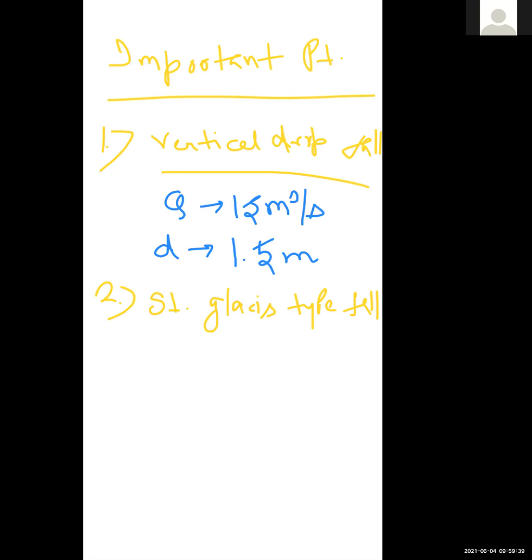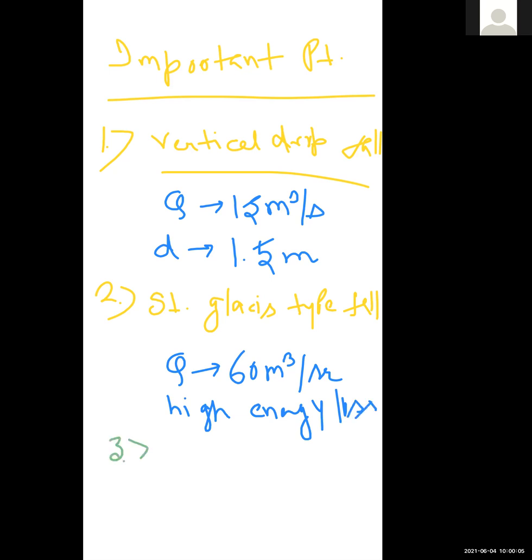A straight glacis type of fall is used where there is high energy loss, and for discharge up to 60 meter cube per second. The condition is high energy loss. Okay.